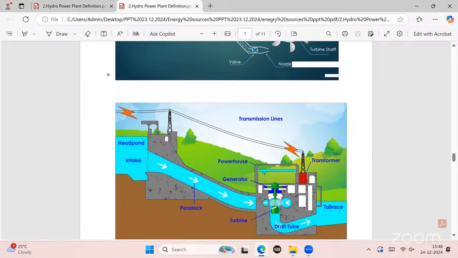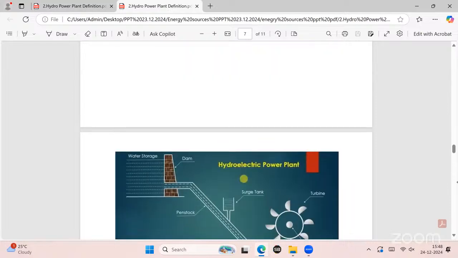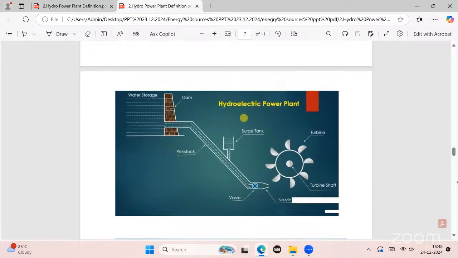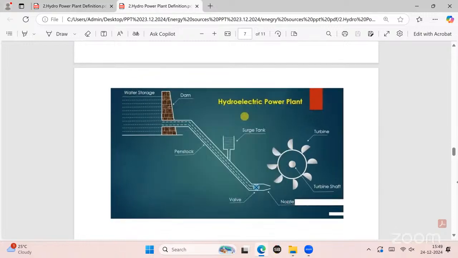This is the reservoir, called a reservoir dam. This is called a control gate, to control the water. This is called a penstock. This is the control gate. It is higher potential, this is lower potential. It is called a turbine, which is connected to the conductor.